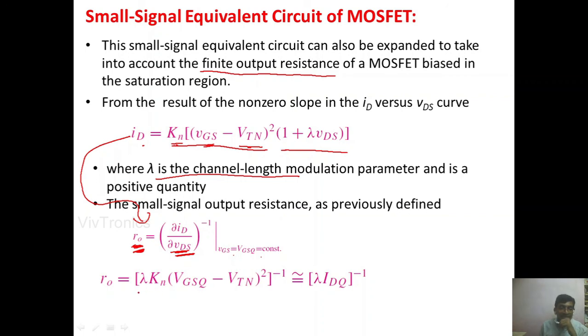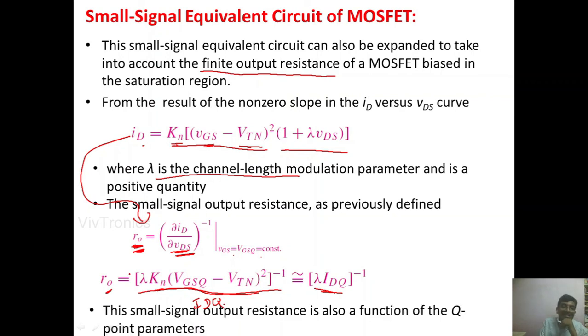The differentiation output is lambda into Kn into (VGSQ minus VTN) whole squared, inverted. As we already know, Kn into (VGSQ minus VTN) whole squared is called the IDQ current. Therefore, the inverse of lambda IDQ is the value of the output resistance r0.